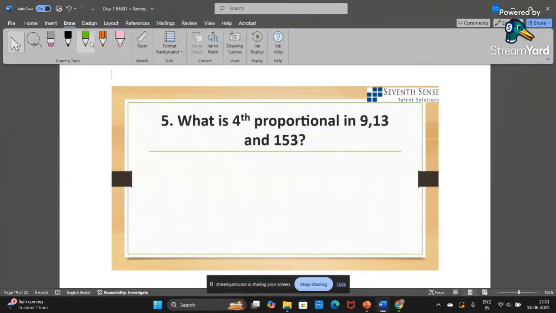We need to find the fourth proportion. So same like before, just write A, B, and C, right? So we need to find D. D is missing here.